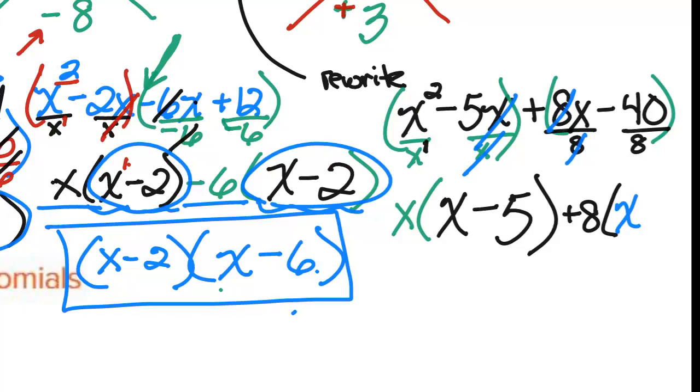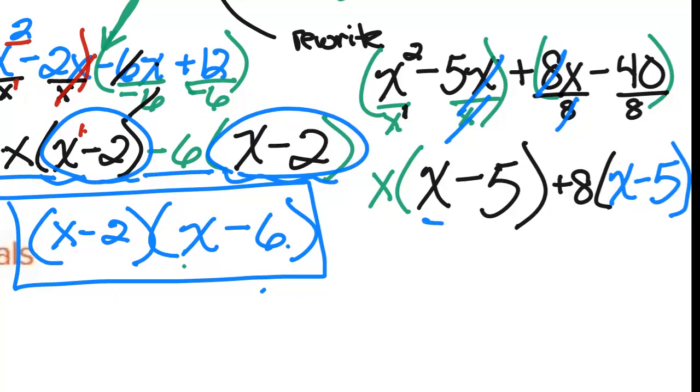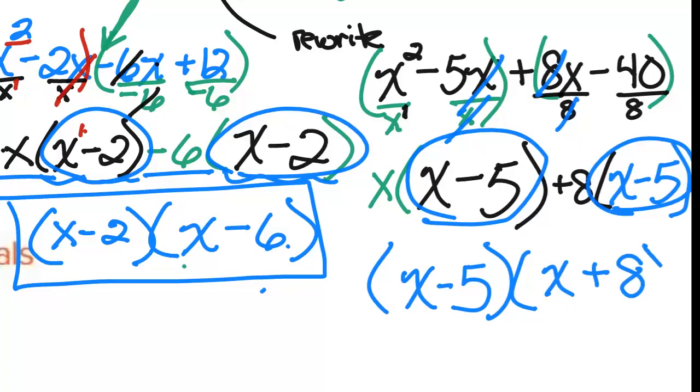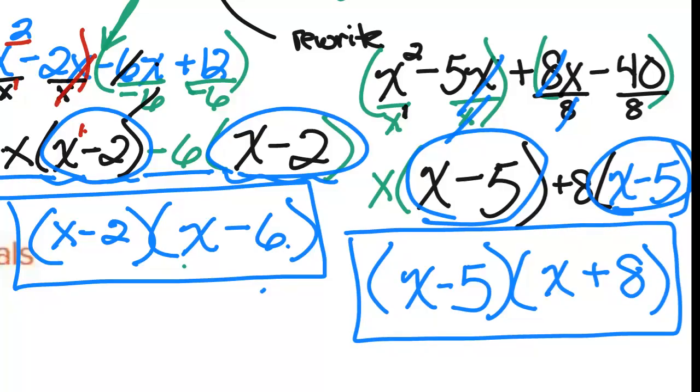And negative 40 divided by 8 is minus 5. Negative divided by positive is minus 5. Here are your greatest common factors for those two terms. Bring that out in front. What do you have left? X plus 8. And that is your final answer.